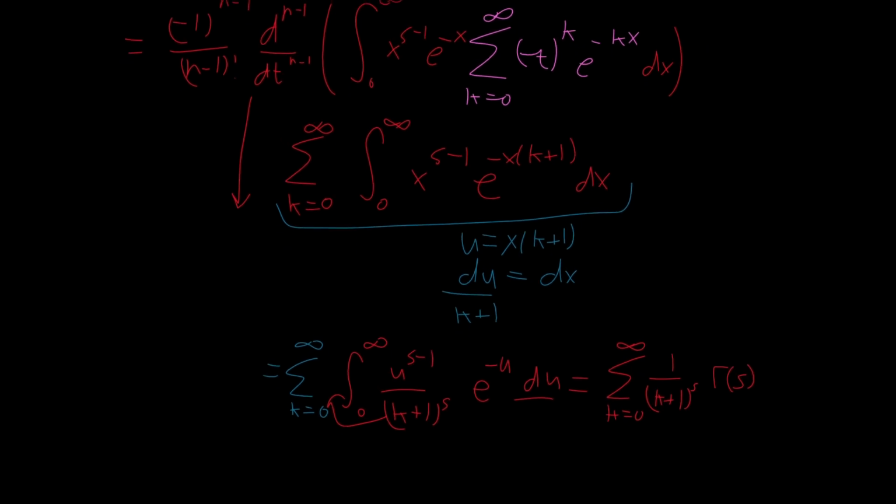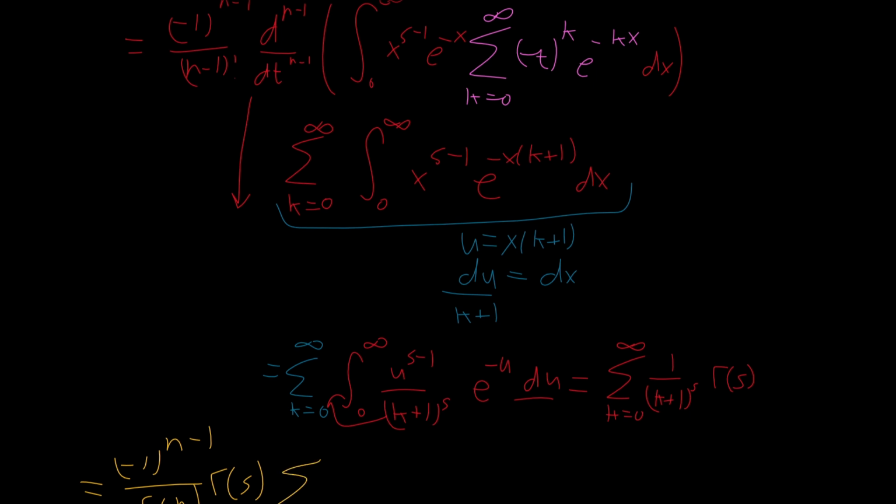So what we have in total, I'm going to switch to a sort of yellow color now, is negative 1 to the n minus 1 over, I'm going to write gamma of n now, just so that we have everything in terms of gamma, gamma of n, and then in the numerator gamma of s, times our nth derivative right here. So actually, I'm going to write our sum first because we need to actually evaluate this derivative.